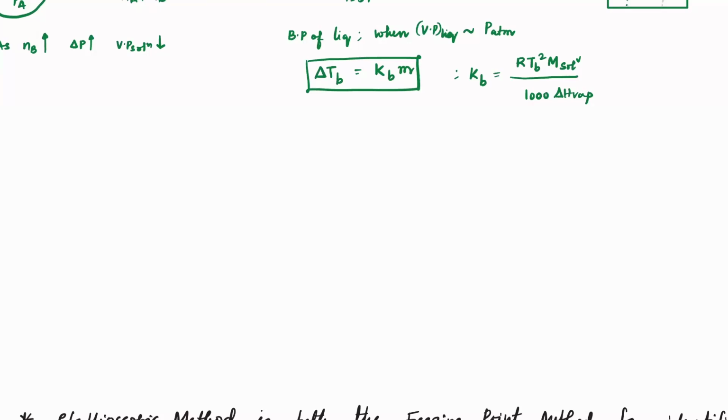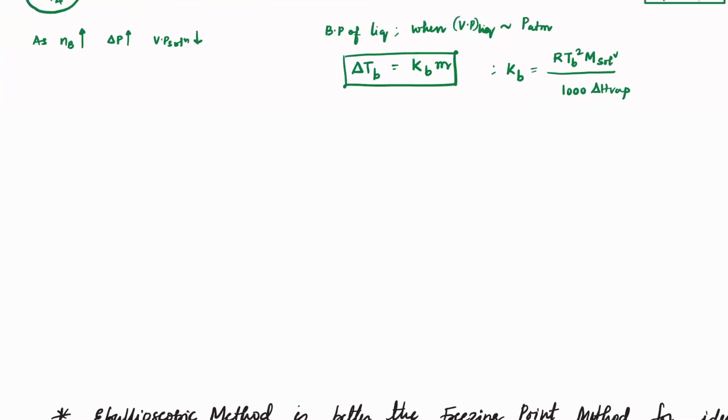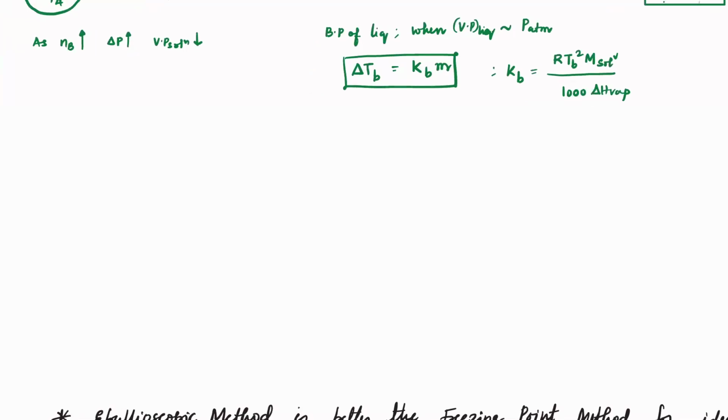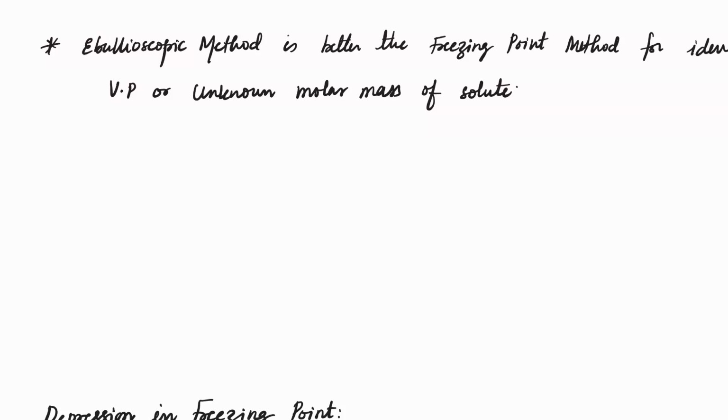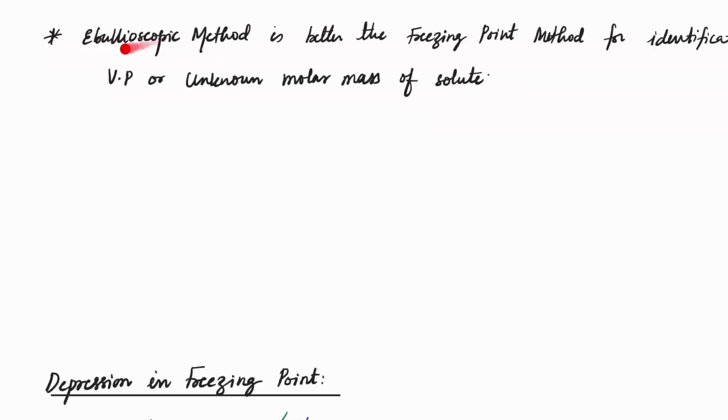And imagine that stone has some composition of elements, and you want to find out its molar mass. We can do that quite easily. Here you can see, ebullioscopic is one good method by which you can do it.